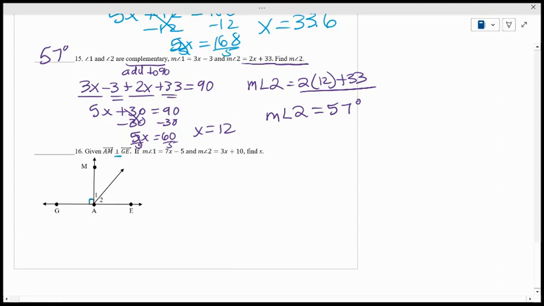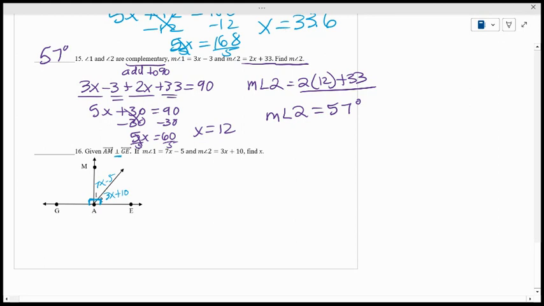So you'll notice the right angle symbol is already there. You just have to put it on the other side. If measure of angle 1 is 7x minus 5, so this is where the 1 is, that's 7x minus 5. And the measure of angle 2 is 3x plus 10, find x.